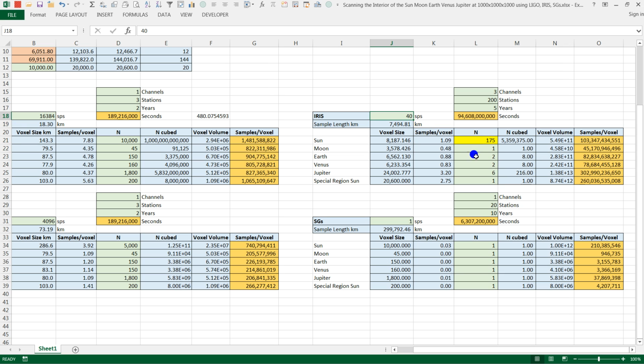Iris at 40 samples a second could actually generate a thing. And every set of 3 stations in there can generate an estimate. Because their distances are slightly different, what they're scanning is slightly different. And I think I can squeeze something out of that.